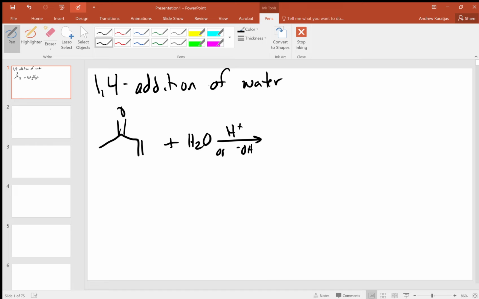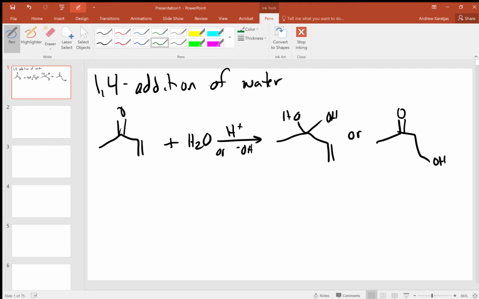Now, the key to that distinction, whether we get the 1,2 product seen here or the 1,4 product pictured here, is all dependent on the nucleophile.